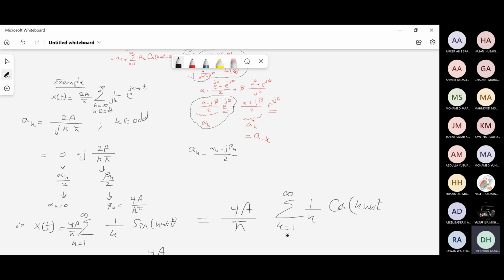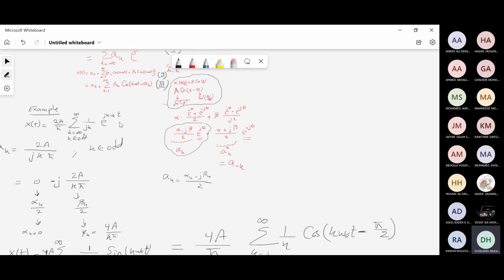How to change this sine to cosine? Just subtract 90 degrees. And that's all. This is form number 3.